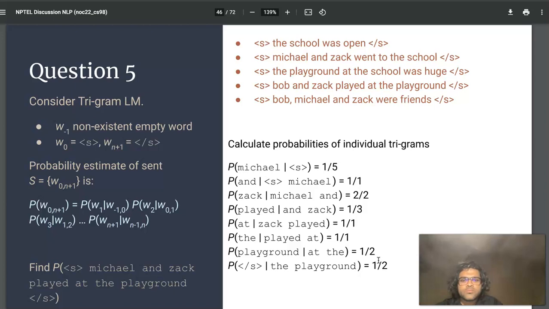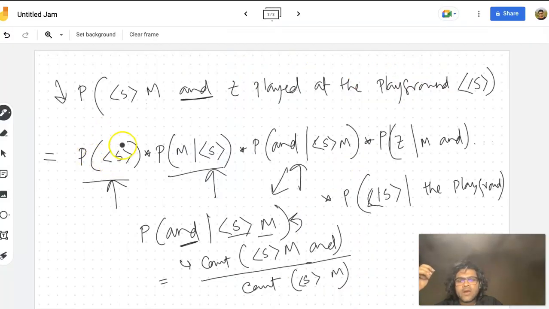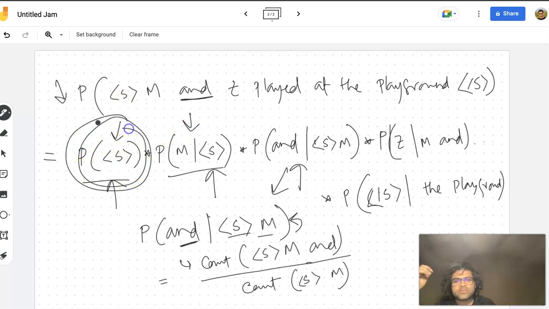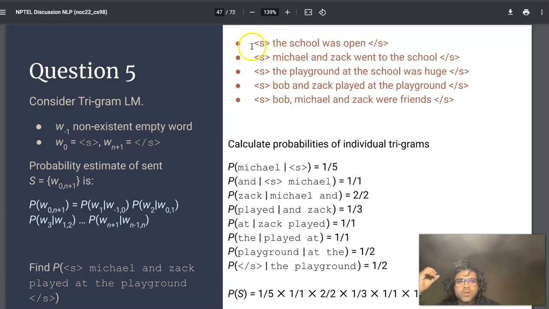Now you just need to follow the chain rule. Just multiply all these probabilities. Now you can see, why are they not including this thing? They are starting from there and excluding this thing because all these sentences are starting with start, so the probability of this thing is 1.